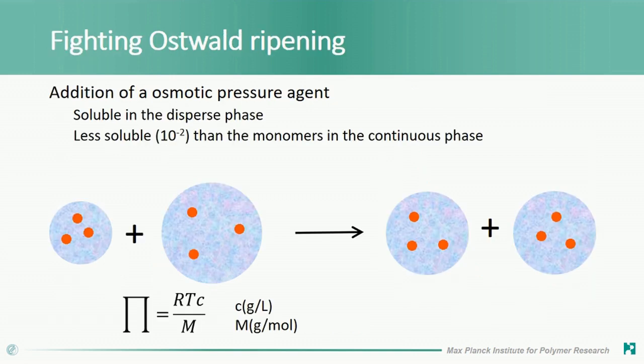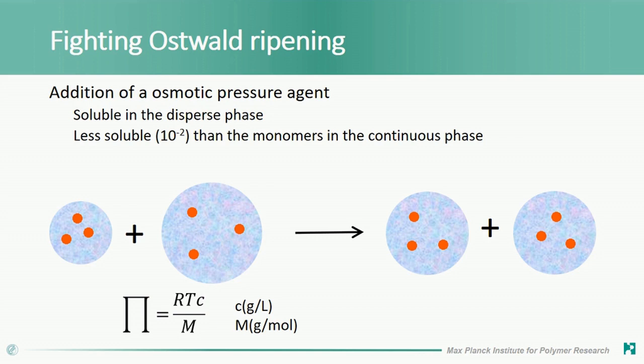So how to fight Ostwald ripening? We could add an osmotic pressure agent. The osmotic pressure agent is sometimes called a hydrophobe, ultra-hydrophobe or a co-stabilizer. Ultra-hydrophobe is right when you do an oil-in-water emulsion, but if you use a water-in-oil emulsion, at that time you want to use an ultra-hydrophile.